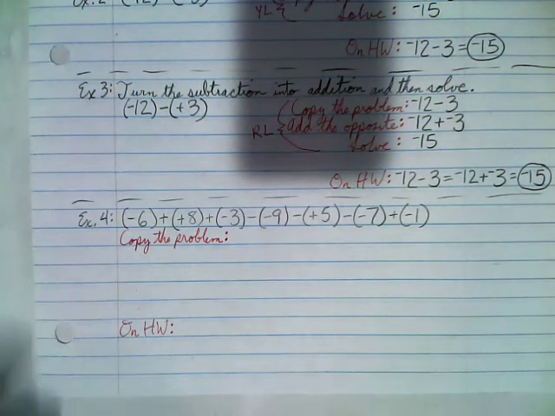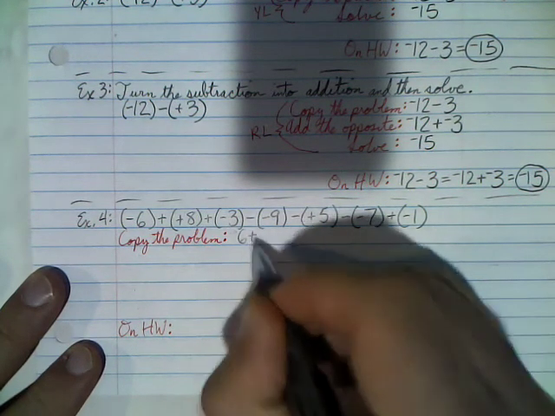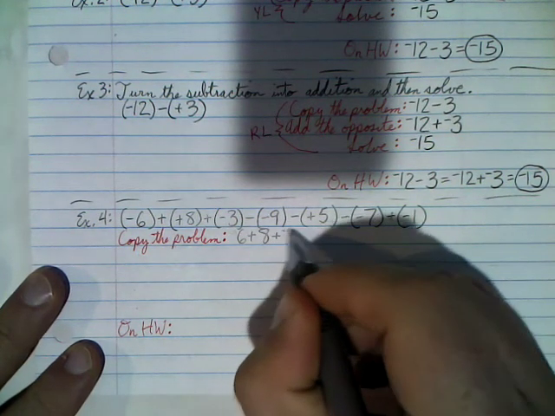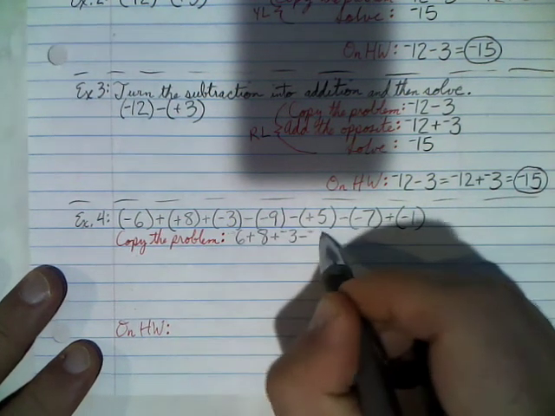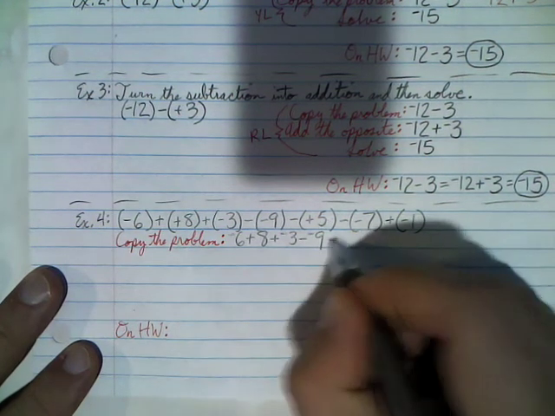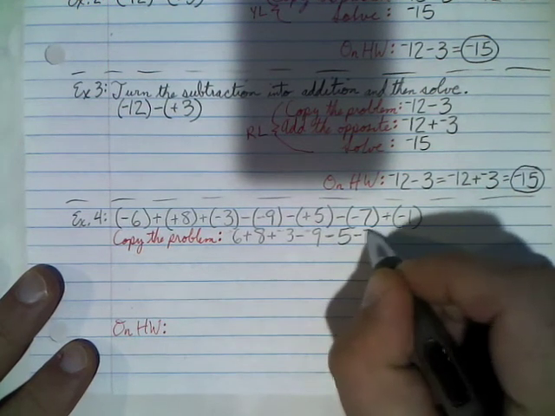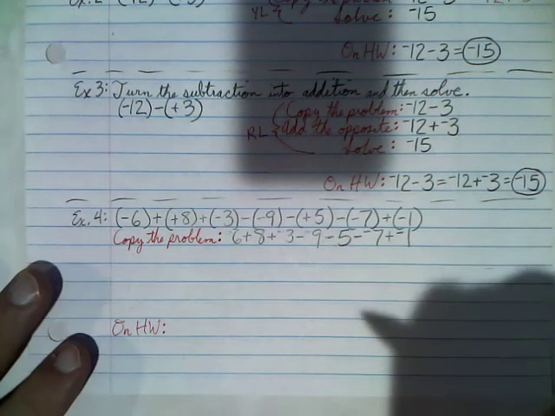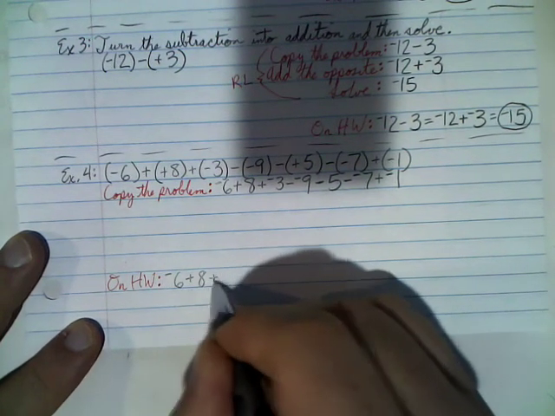So when I go to copy this, I'm going to make my negative sign up in little, plus, I don't need the positive, so I'm just going to make that 8, plus -3, I'll make that negative up there, minus -9, get that negative up there, minus +5, really it's just 5, minus -7, we'll get that negative up there, and then plus -1, I'll get that negative up there. And then let's just go ahead and rewrite that one more time down here.